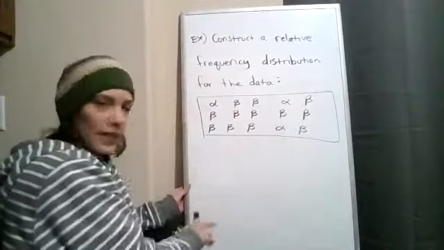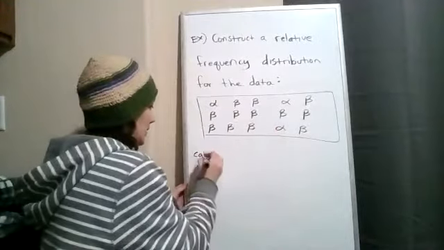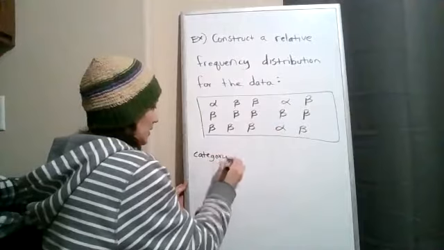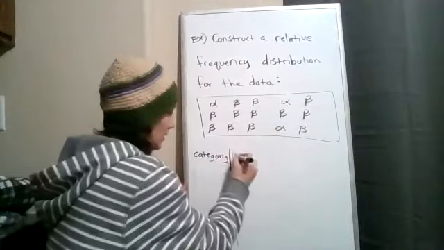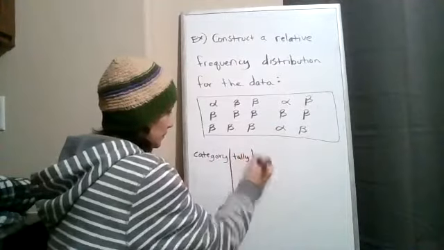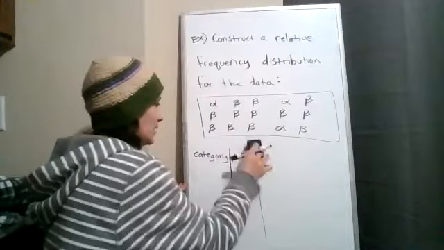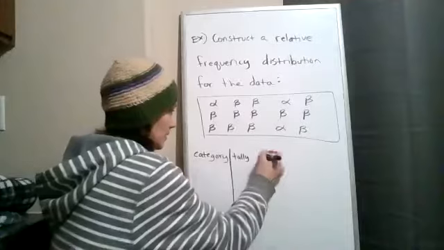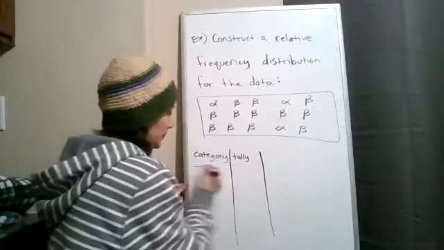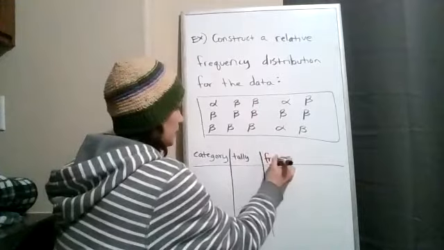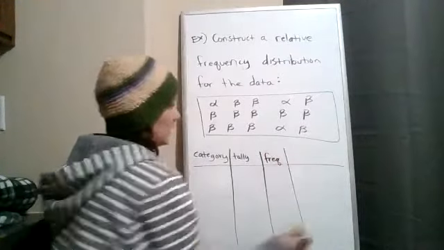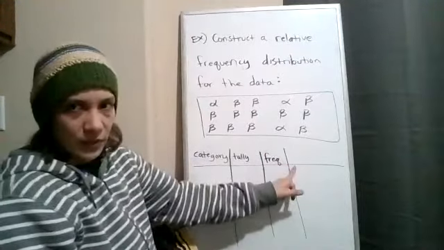So you have your category. Then we will tally, get a frequency, and find relative frequency.